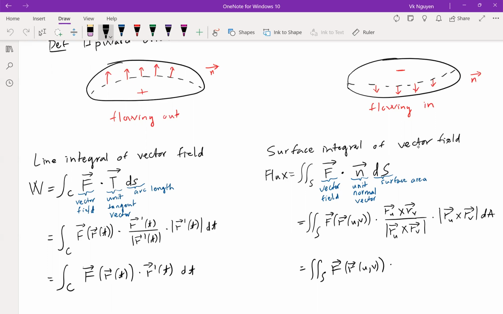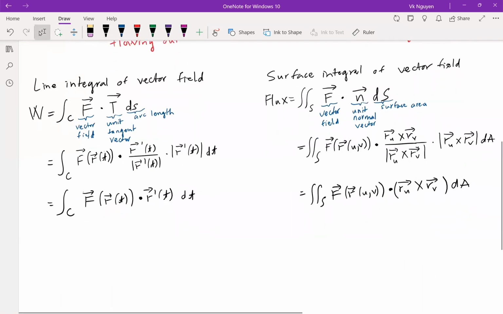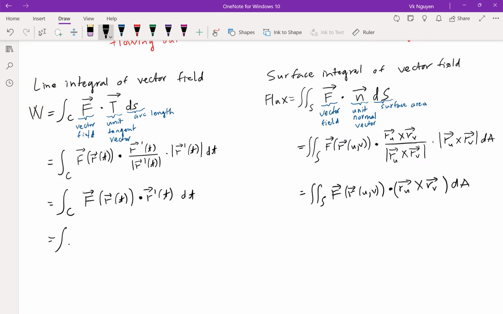It's the dot product because you dot the two vectors. Okay. Here comes the shortcut notation: F dot dr for the line integral, and for the surface integral the shortcut notation is going to be F dot, well, you can guess it, dS.